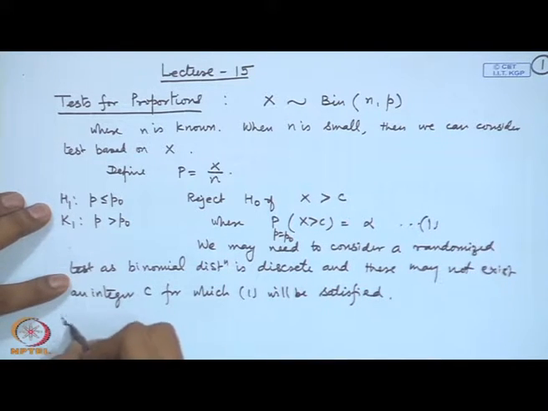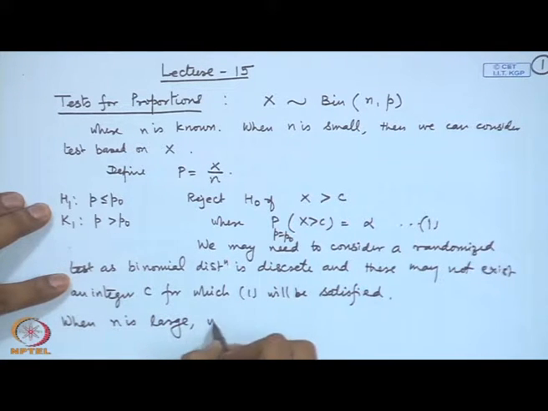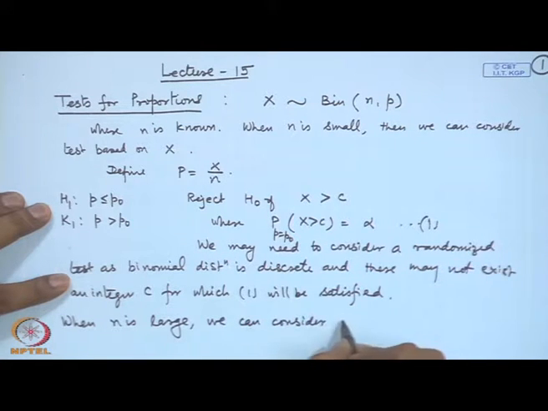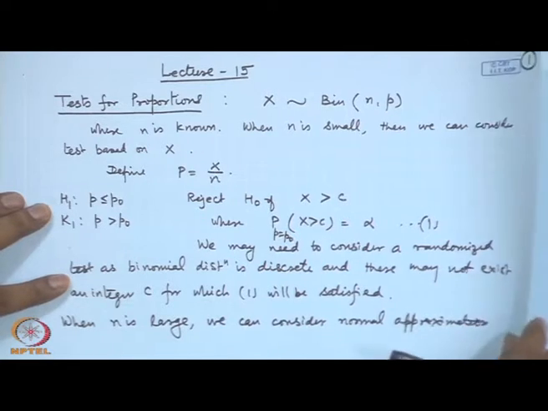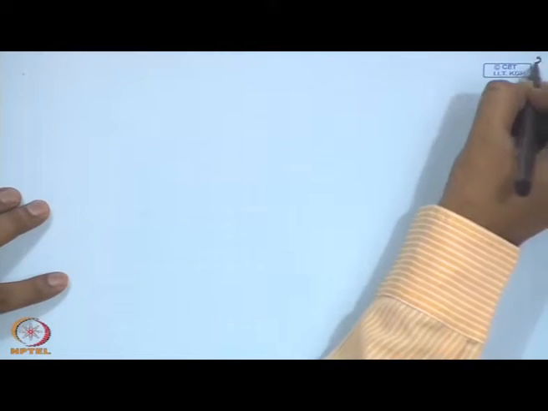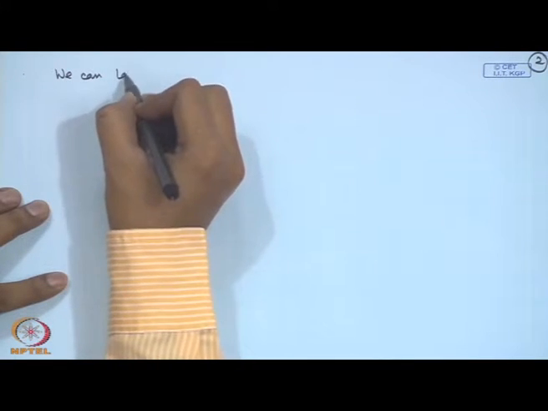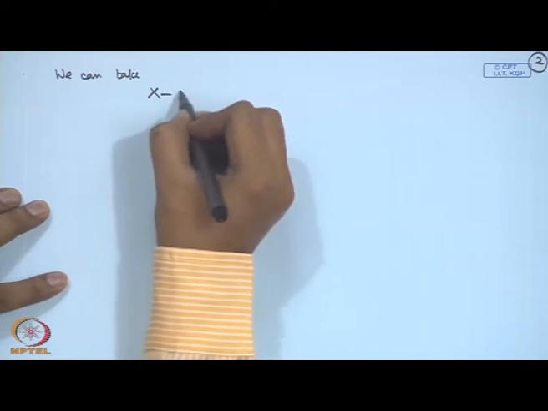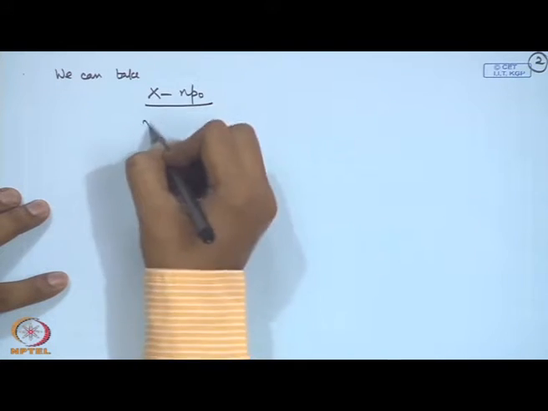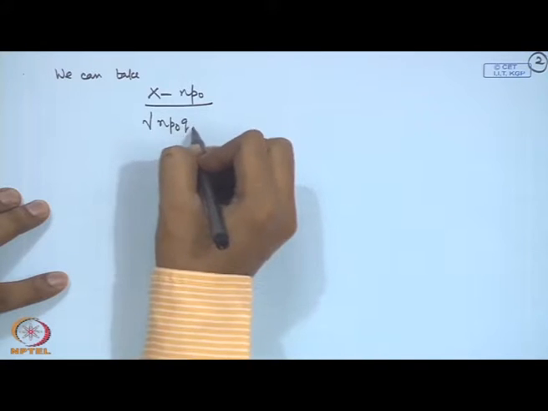Now, when n is large, we can consider normal approximation. We can consider (X minus n p naught) divided by the square root of n p naught q naught.